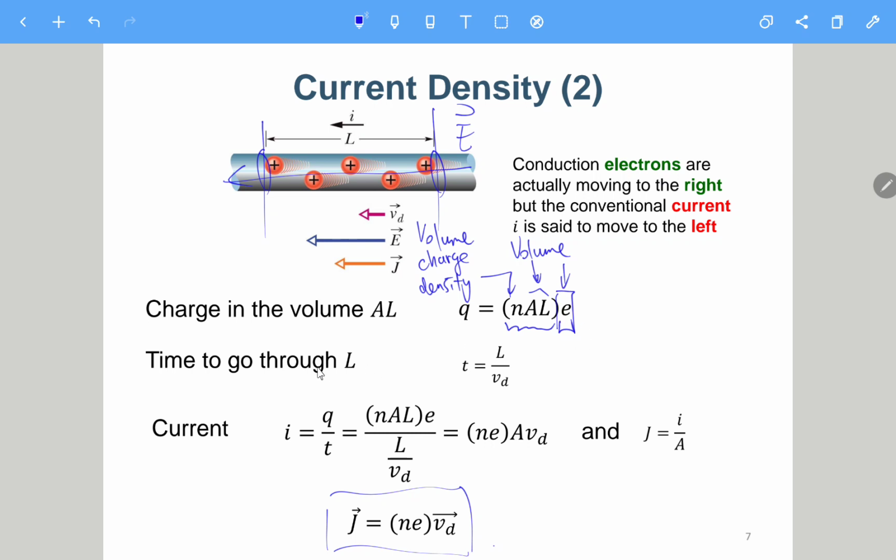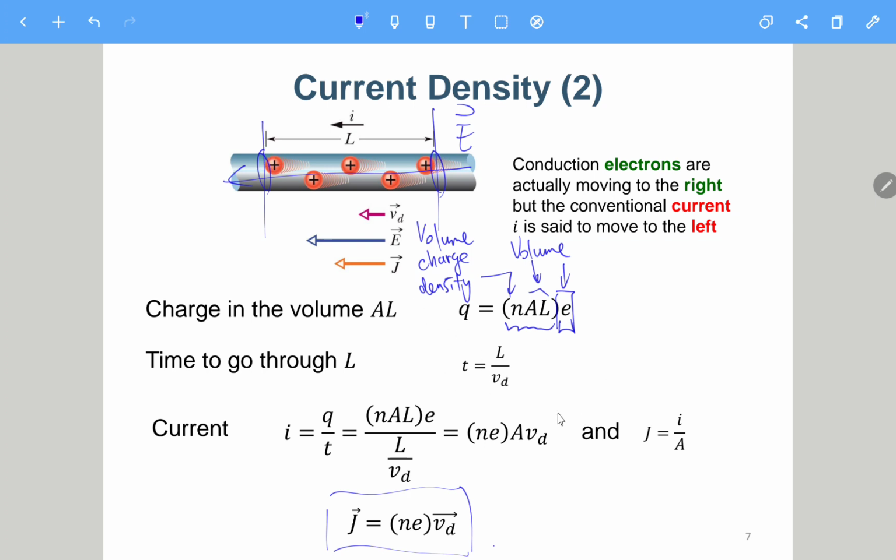Next we get this one, t equals L over vd. This is like primary mathematics: the displacement equals the velocity times the time. This is L, and this is the velocity, which means that t is the time for a particle moving from the beginning point to the end.